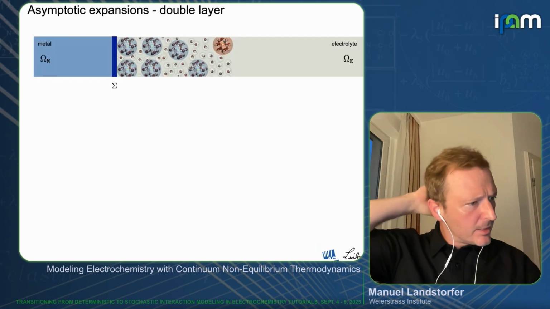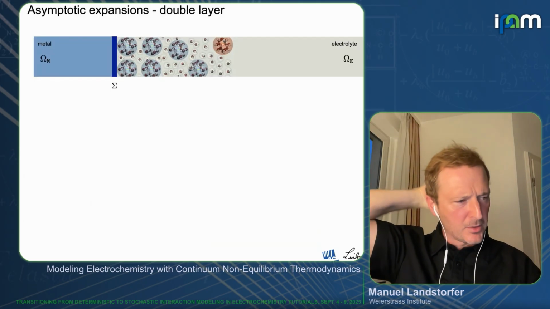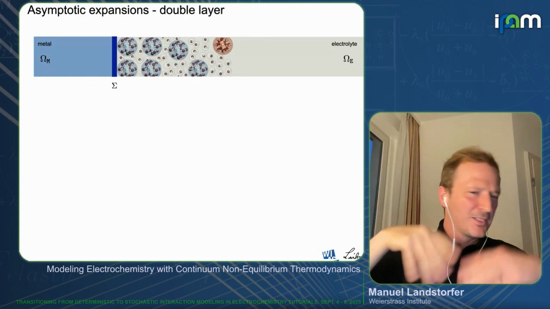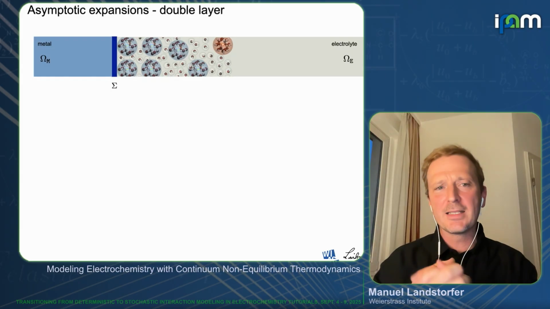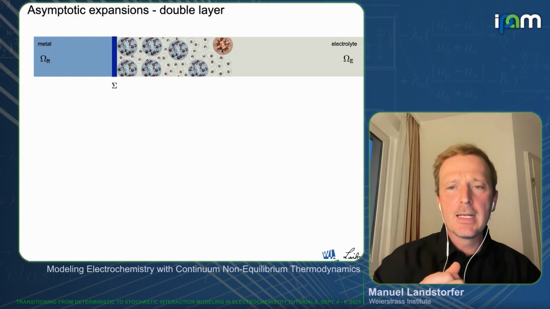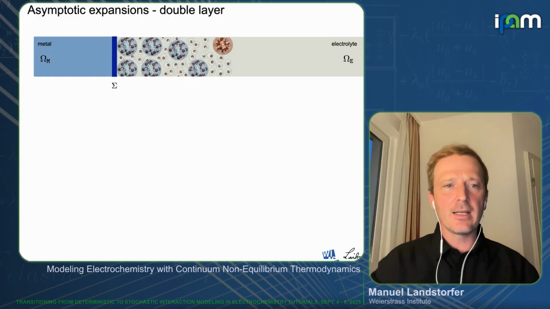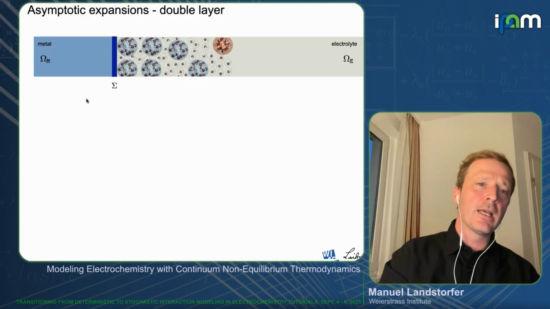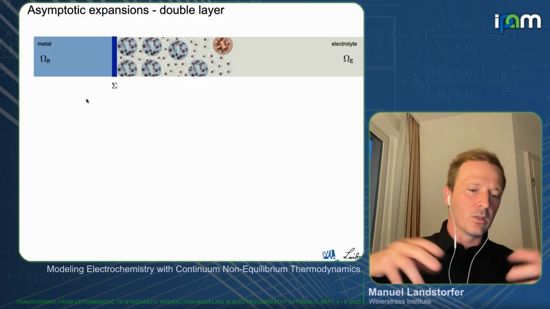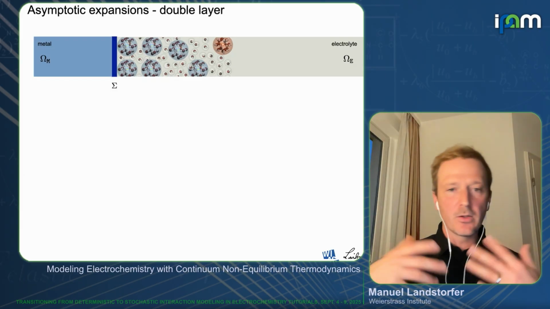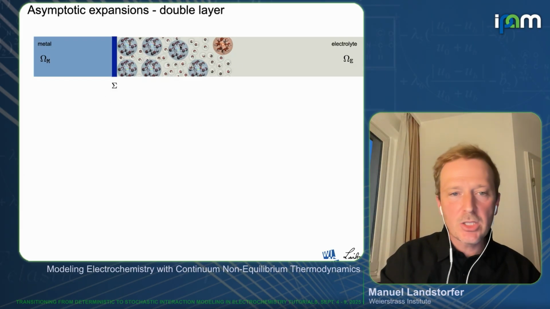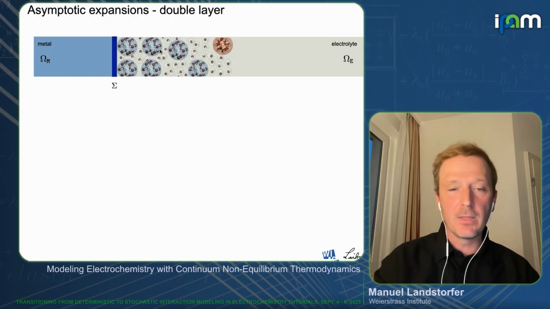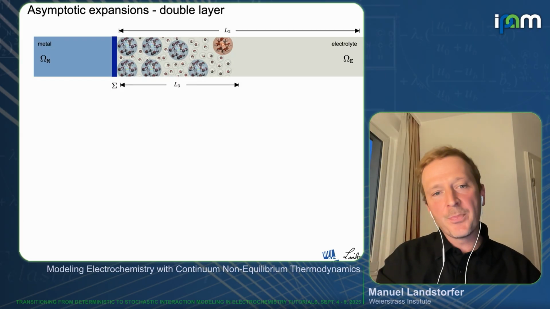So as mathematicians, this is of course nice because it gives new math and so on, but people always try to make things easier, and the mathematically sound way to make things easier is, for instance, asymptotic expansions. Because whenever you want to study more macroscopic systems like batteries or fuel cells, you not always want to resolve spatially the whole space charge layer or double layer, and you can do this by what people call matched asymptotic expansion.